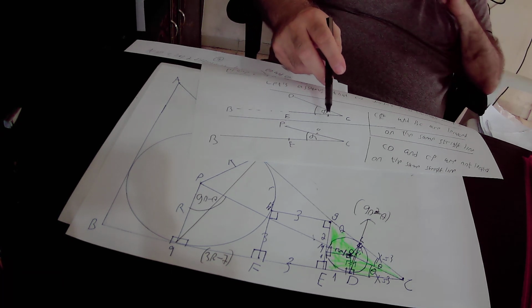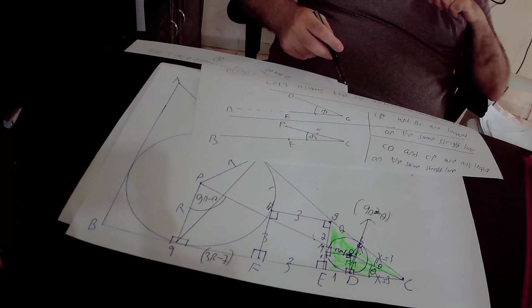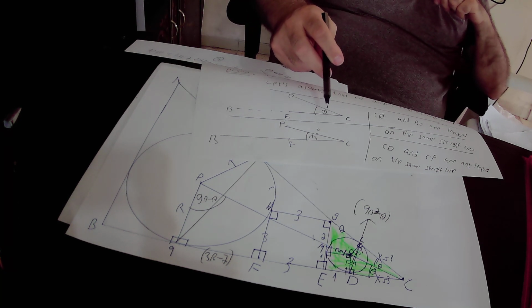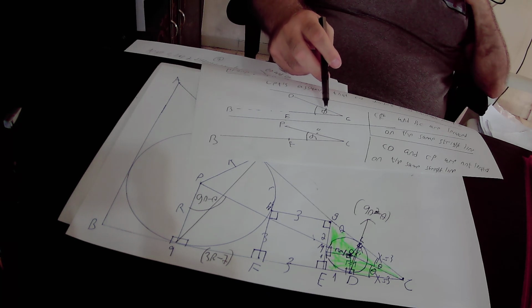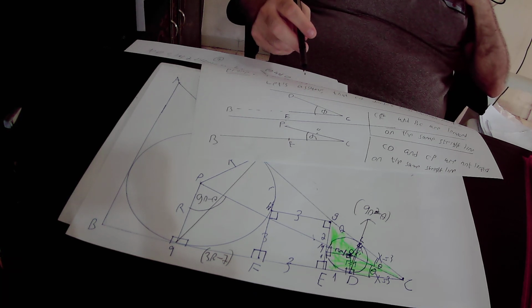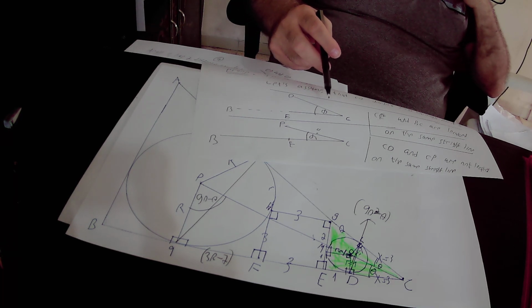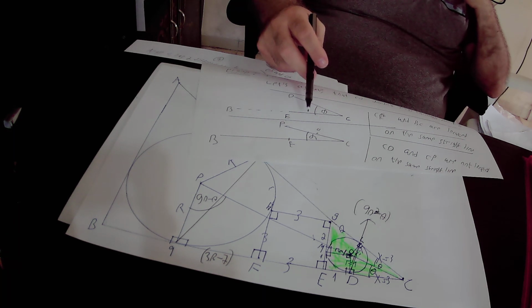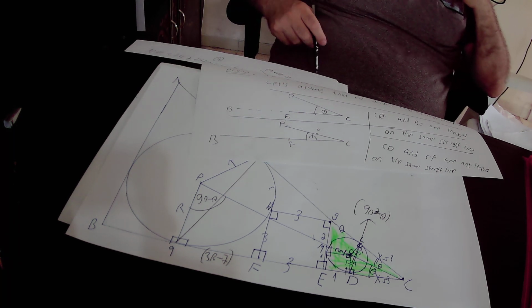Therefore, those two angles can never be equal to each other. Because in order for those two angles to be equal, both legs must be located on the same straight line. But according to our assumption, the second legs of those two angles are not located on the same straight line because CO doesn't pass through point P.